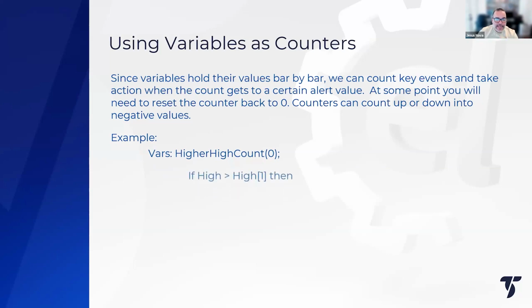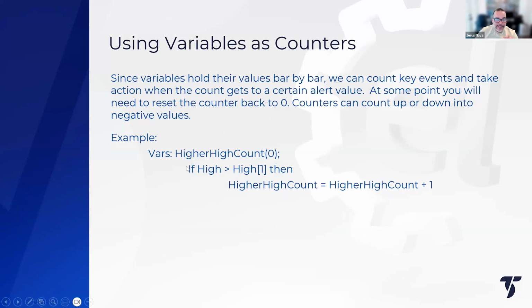Here's an example of a syntax that keeps track of a counter. First of all is the declaration of the counter name itself. So here's the variable declaration statement. This is a way for you to tell EasyLanguage which words you're going to want to use within the code. Here's one. It's called HigherHighCount.